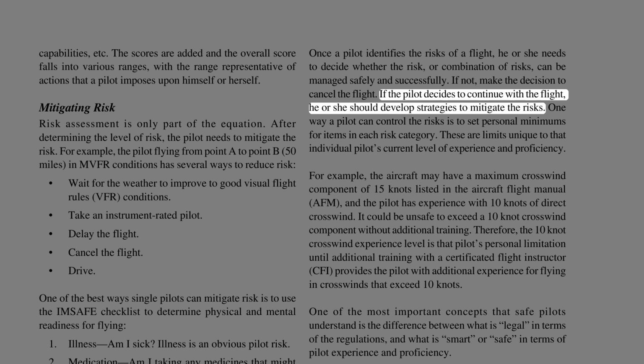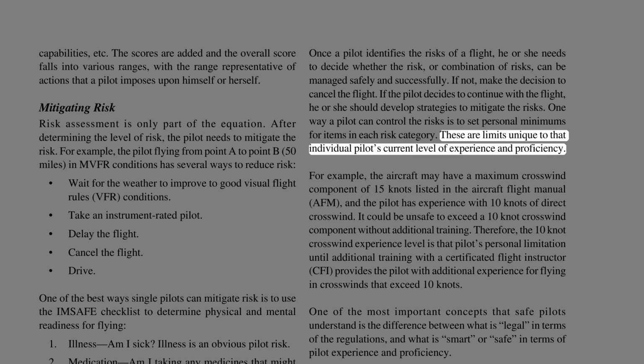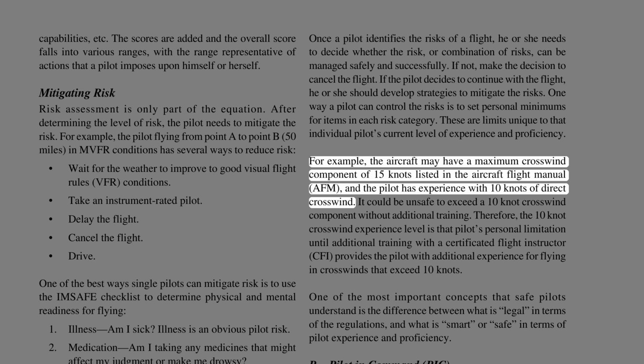If the pilot decides to continue with the flight, he or she should develop strategies to mitigate the risk. One way a pilot can control the risks is to set personal minimums for items in each risk category. These are limits unique to that individual pilot's current level of experience and proficiency. For example, the aircraft may have a maximum crosswind component of 15 knots, listed in the Aircraft Flight Manual (AFM), and the pilot has experience with 10 knots of direct crosswind.